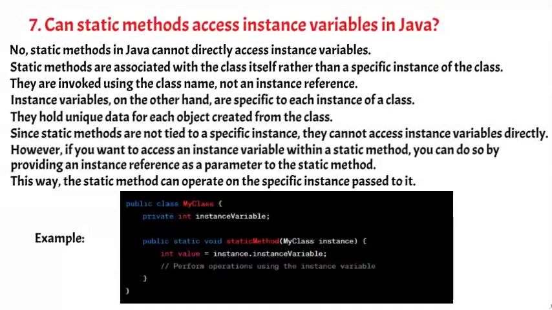It can then access the instance variable of that specific instance and perform operations on it. So, although static methods cannot directly access instance variables, you can still work with instance variables by passing an instance reference as a parameter to the static method.